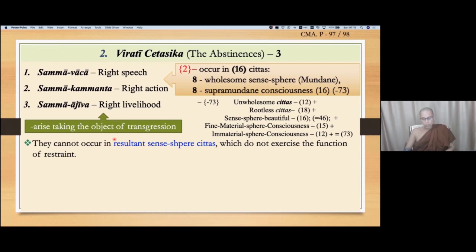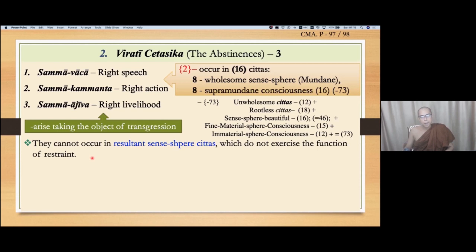So for the resultant consciousness, even though they are beautiful consciousness, the abstinence cannot arise with the resultant sense-sphere consciousness. Why? The resultant consciousness do not exercise the function of restraint because they are just the result of wholesome. Even they themselves, as a result, are not very powerful because they are not active from the kammic point of view.